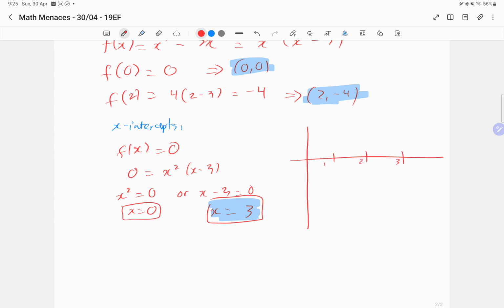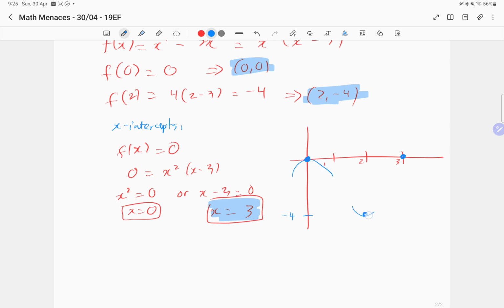We have a point at 0, 0, which is the origin, and a point at 2, negative 4, so I'll put negative 4 down here. These two are the turning points, and the x-intercepts are at 0 and at 3.